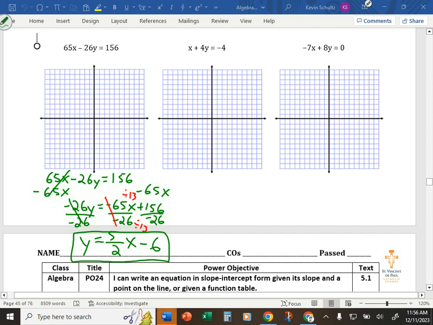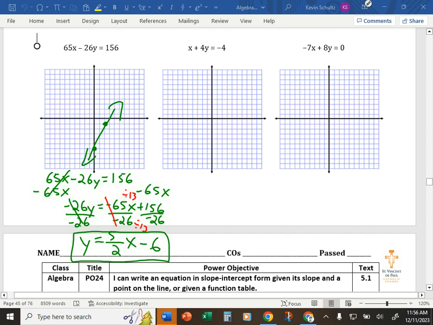But again, it required that conversion to slope-intercept form first. So negative 6 goes our point. Our slope, 5 over 2, up 5 over 2, puts it right here. And there's the line. The value of slope-intercept form: it's easy to graph. You just have to get it there first.